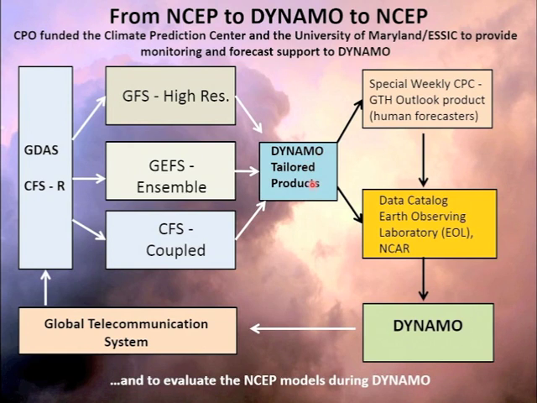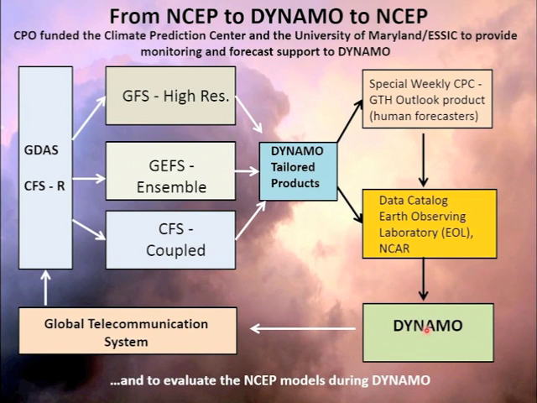These products were feeding first the special weekly CPC GTH Global Tropical Hazards Outlook product that is produced by human forecasters, but also 6-hourly, daily, and weekly products sent directly to the DYNAMO campaign.